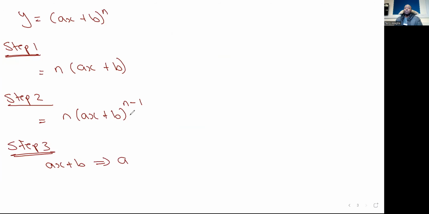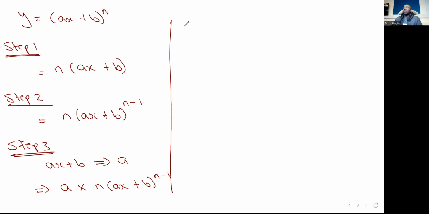So a multiplied by n(ax + b)^(n-1). Therefore, dy/dx for this is an(ax + b)^(n-1).